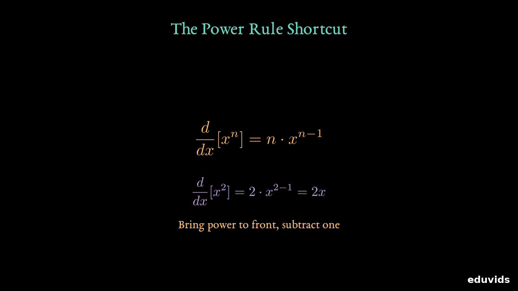Because doing this limit calculation every time is slow, mathematicians found a shortcut called the power rule. It says if you have x to the power of n, the derivative is n times x to the power of n minus 1. For x squared, n is 2. 2 times x to the power of 2 minus 1 equals 2 times x. It works perfectly.